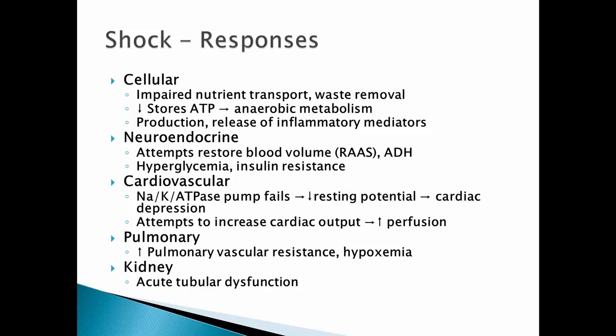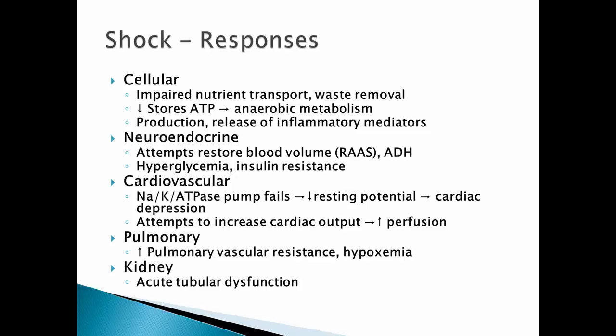Now, we do try to compensate for that by increasing the cardiac output to increase perfusion. But remember, another characteristic of shock is that the compensatory mechanisms are either ineffective or they are overwhelmed.